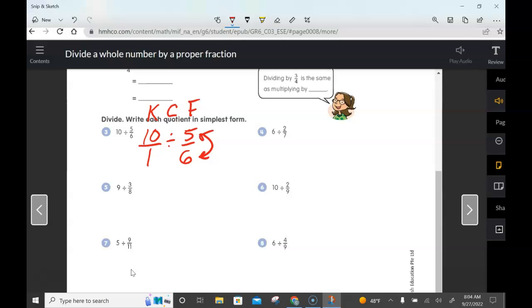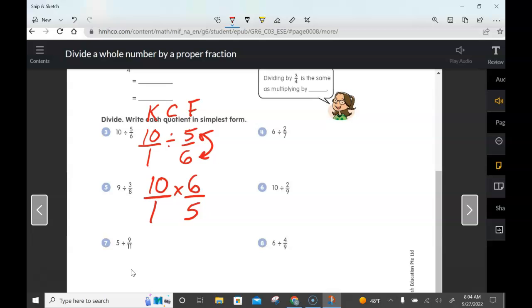So what we do here is we do 10 over 1 multiply 6 over 5.